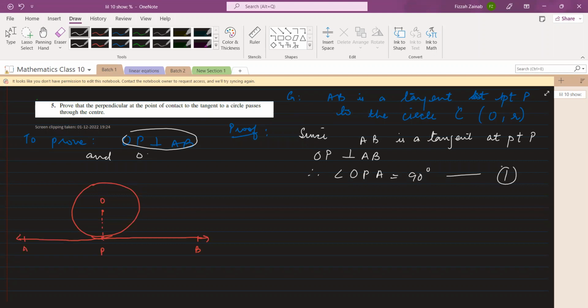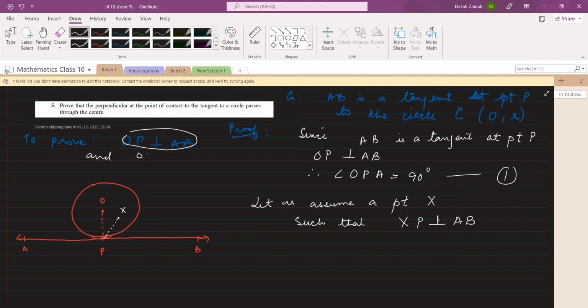So let us assume another point here. Let's say I assume any point here X, right? I join it. So let us assume a point X such that XP is perpendicular on AB. So this is an imaginary point, right? Ultimately I'll show that this will not pass through the center.